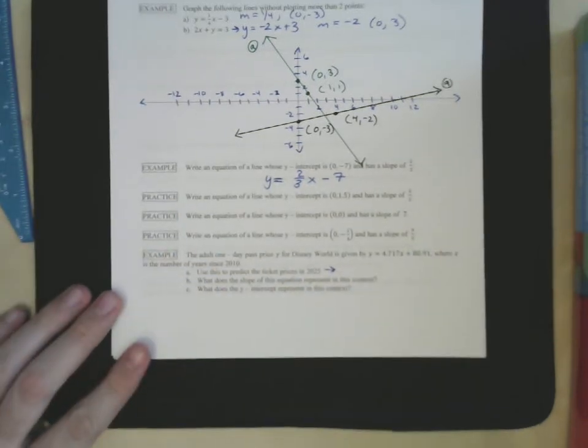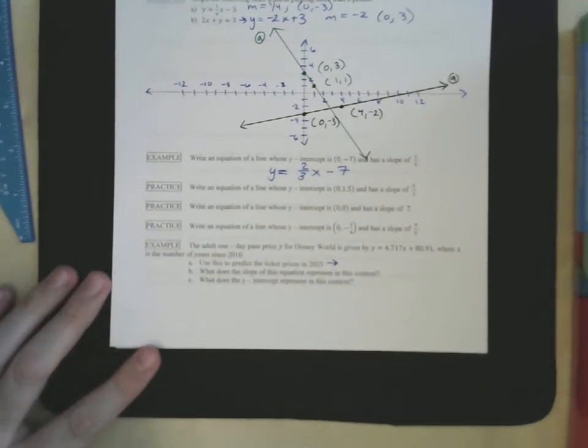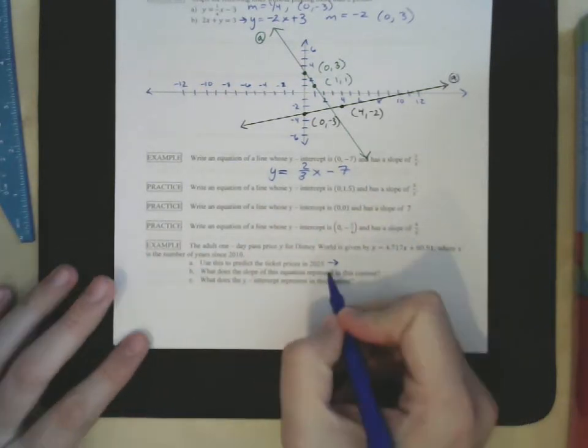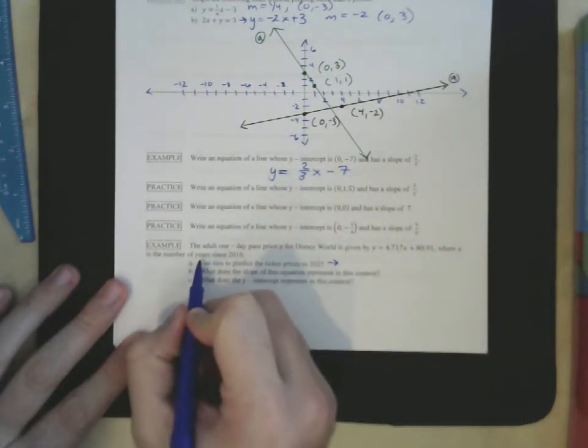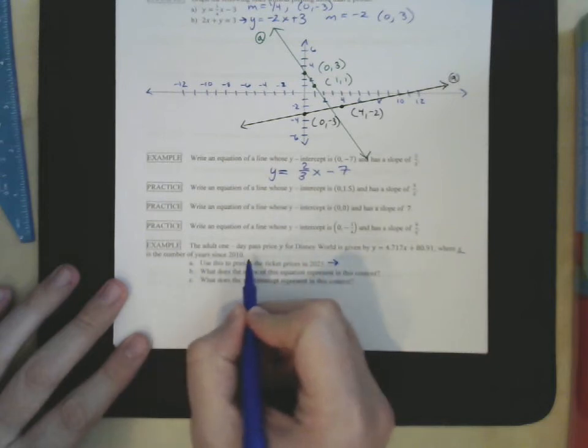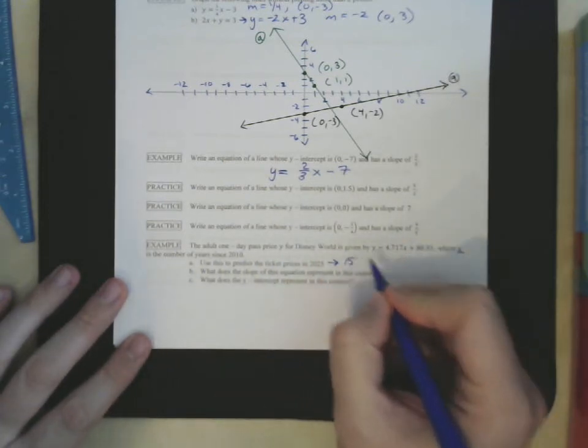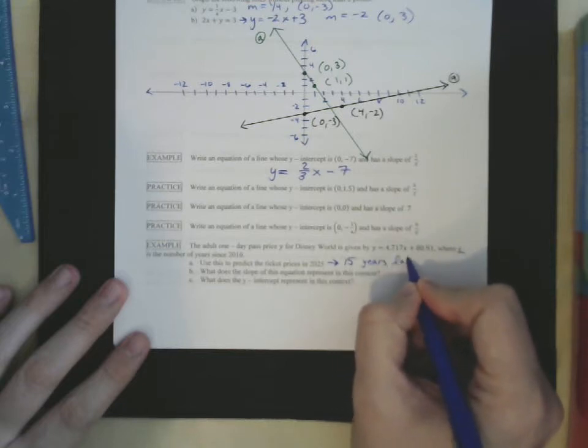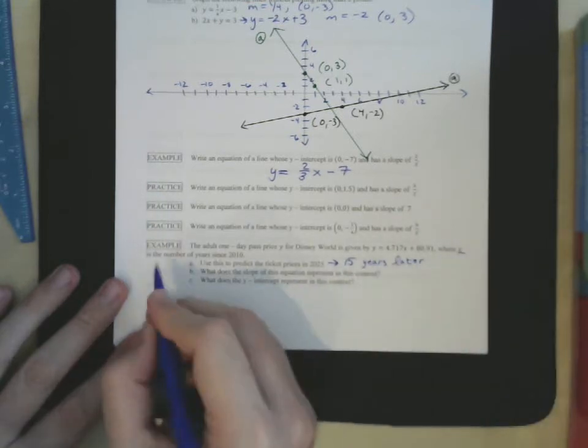So the first thing we need to do is figure out, what are we asking here? Well, we are talking about the year 2025, and x is the number of years since 2010, so this is 15 years later, which means we're plugging in 15.